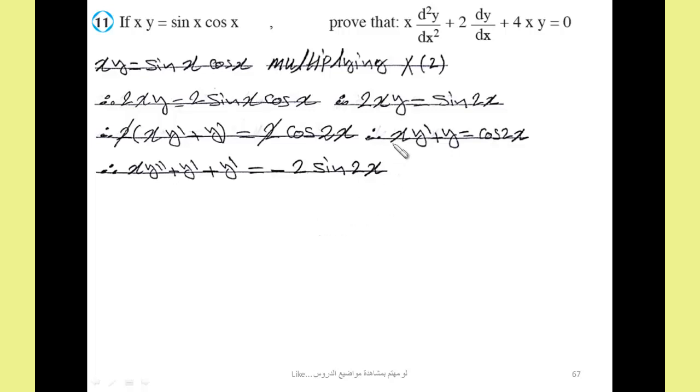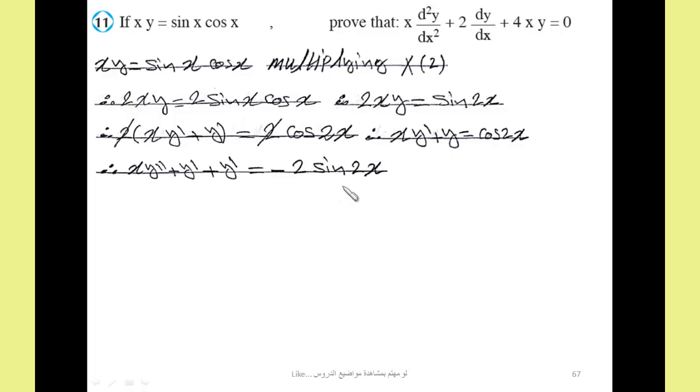So we have the first times the derivative of the second, it will be xy double dash, plus y dash multiplied by the derivative of the first, the derivative of x is 1, so we have y dash plus the derivative of y is y dash, equals, what is the derivative of cosine 2x? It is negative 2 sine 2x.